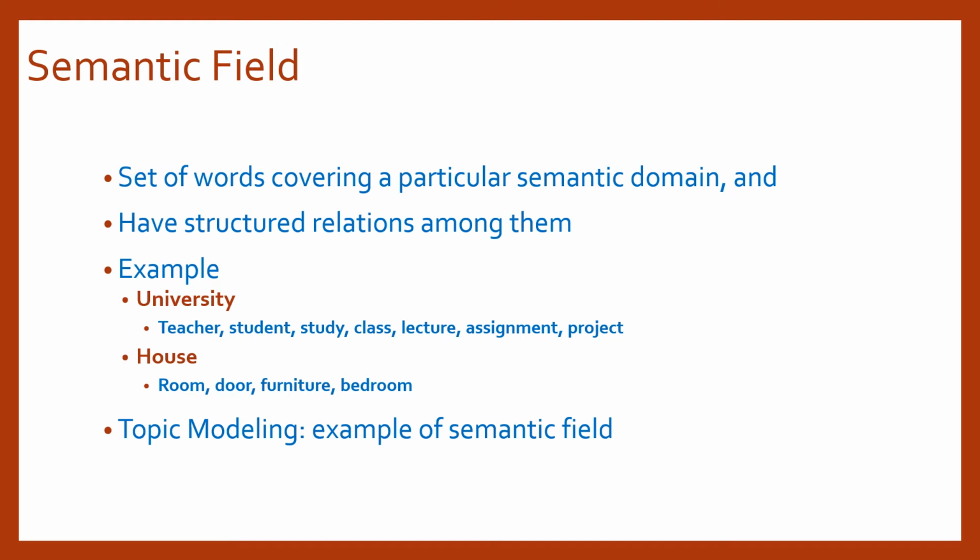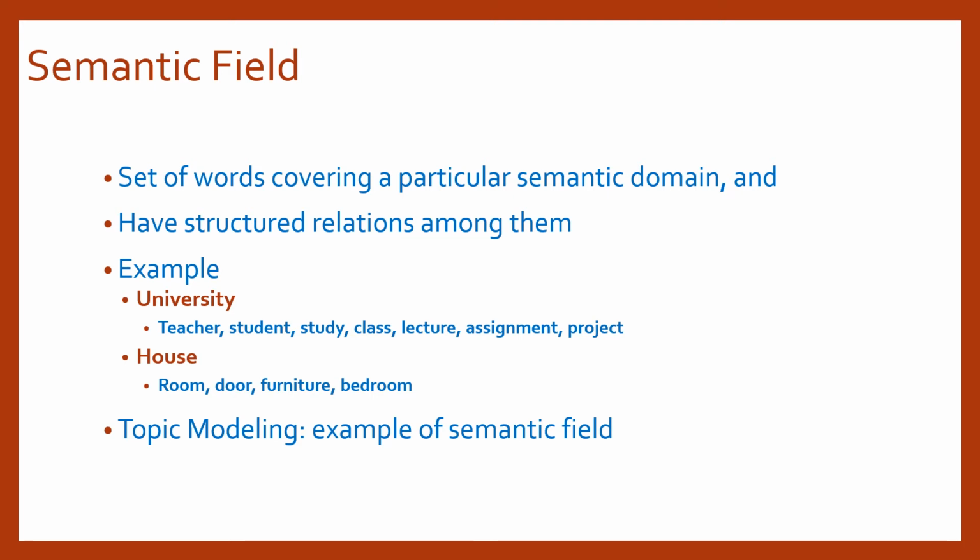The semantic field is a set of words covering a particular semantic domain, where you see a structured relation among them. For example, when we talk about a university, you see that these words are not similar: teacher, student, study, class, lecture, assignment, project.